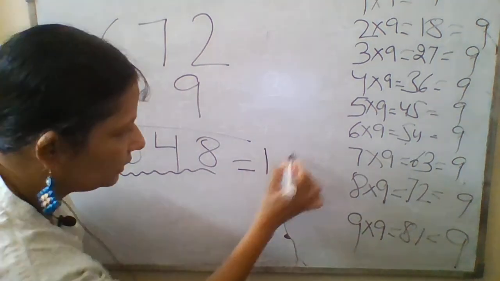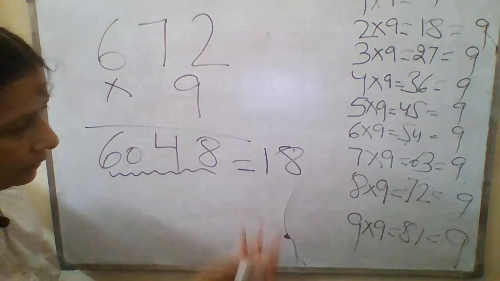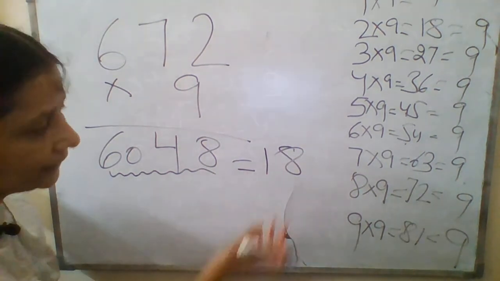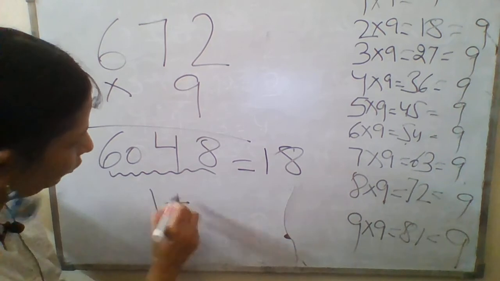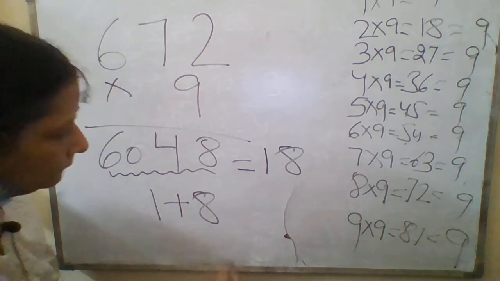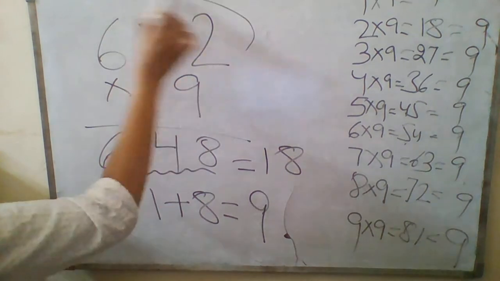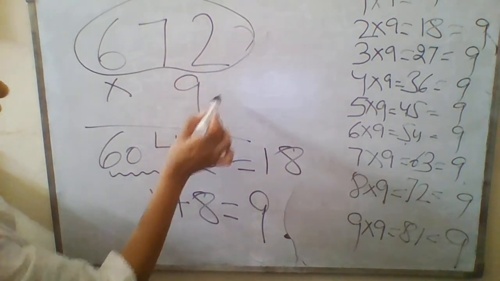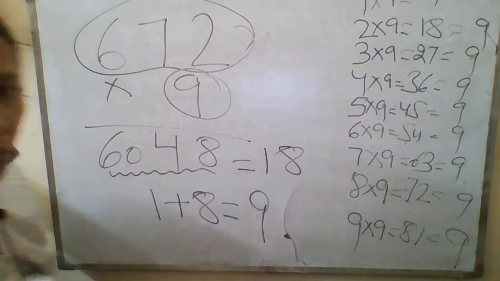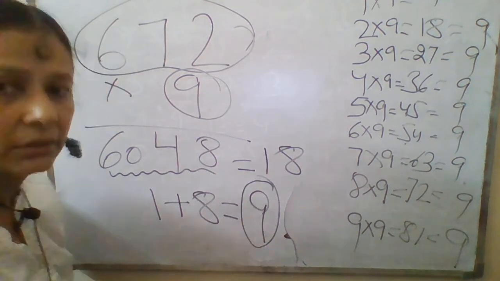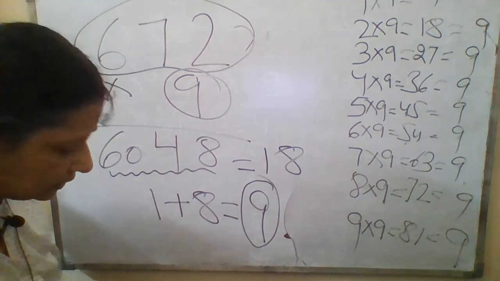So you got 18. But again, I told you, you have to find the single digit. So what will you do? You will do 1 plus 8, which is equal to 9. So you have multiplied a bigger number with 9, and you got 9 only as the digital root.